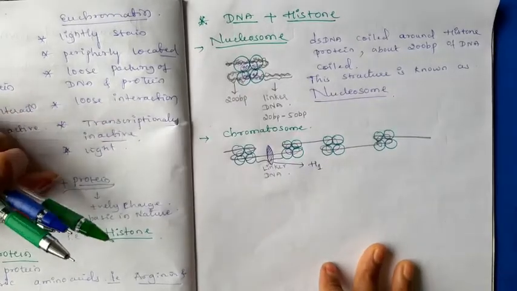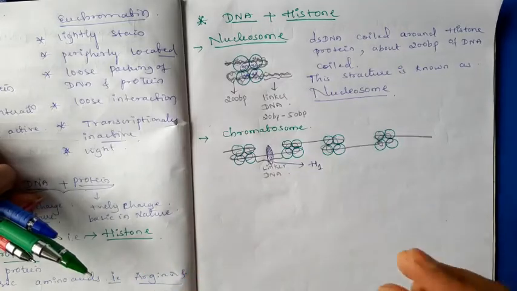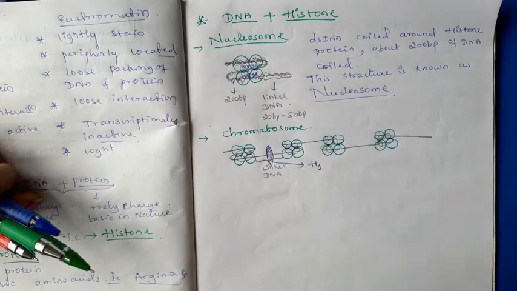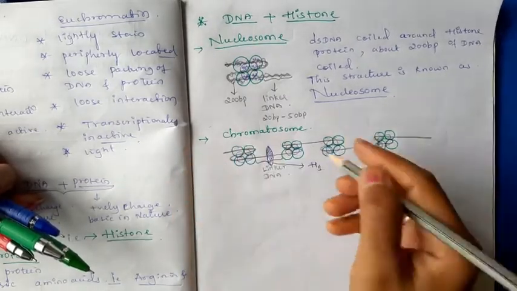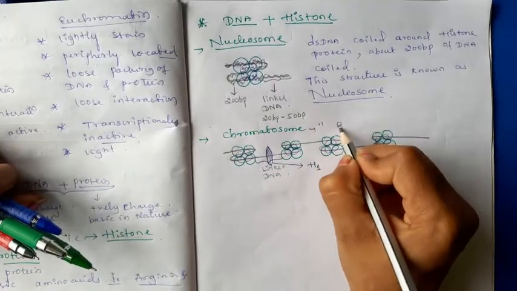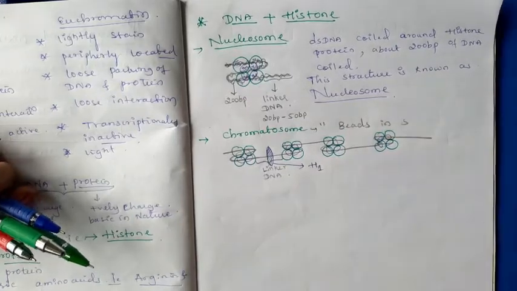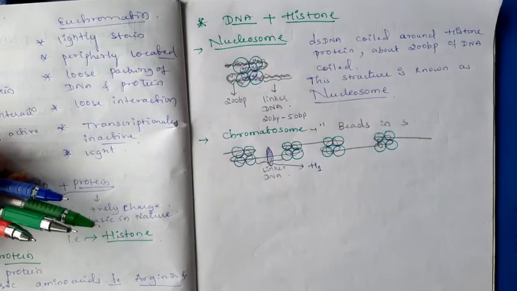The structure of a long DNA with many nucleosomes, many nucleosomes arranged, is also described as beads in a string. Beads in a string like structure.